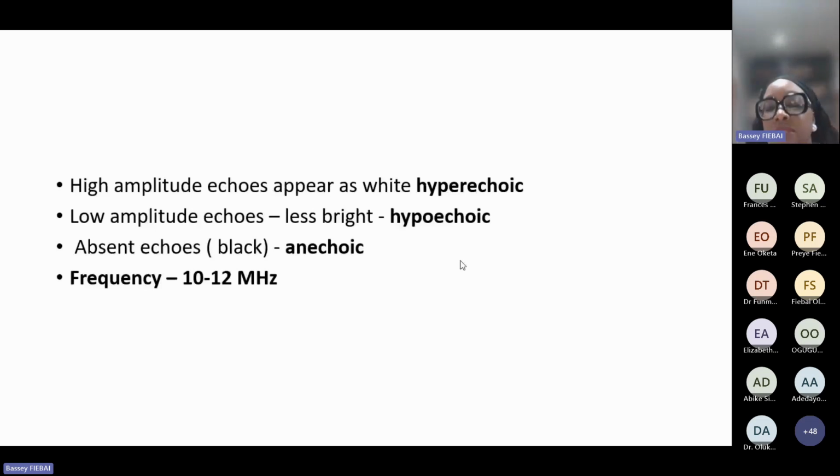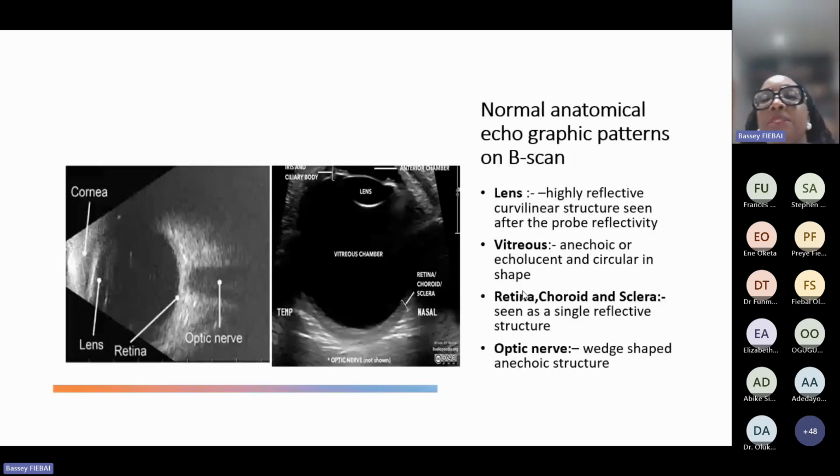megahertz. So to be able to interpret pathologies in the posterior segment on an echogram, we need to understand what the normal pattern looks like. So the lens is the first major structure that you see, and it is a highly reflective, curvilinear structure after that of the probe.